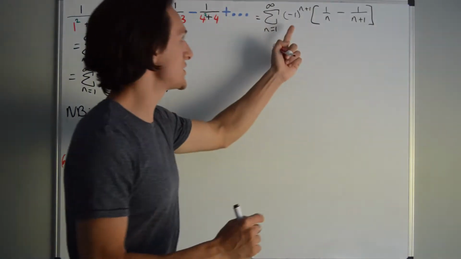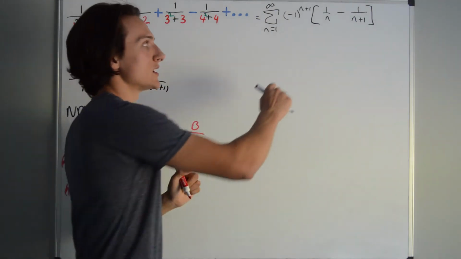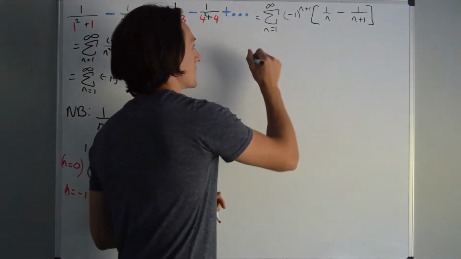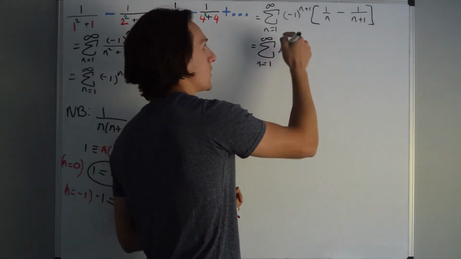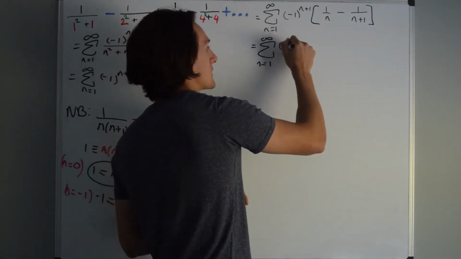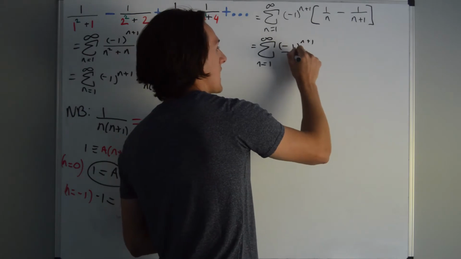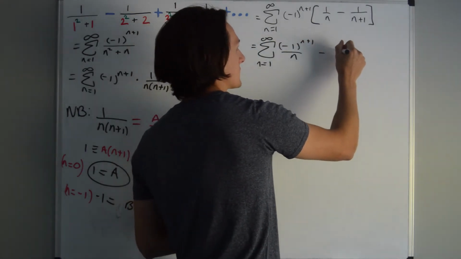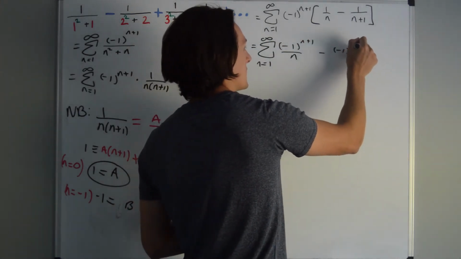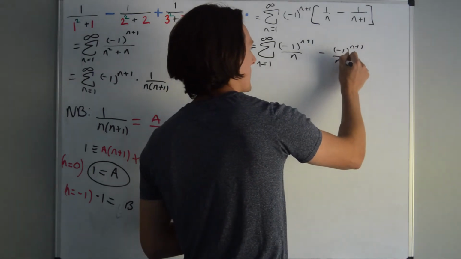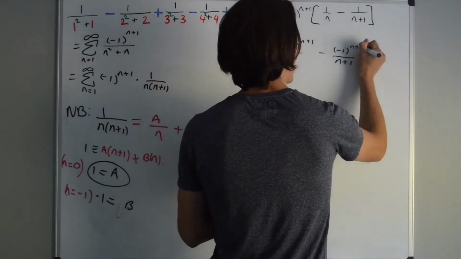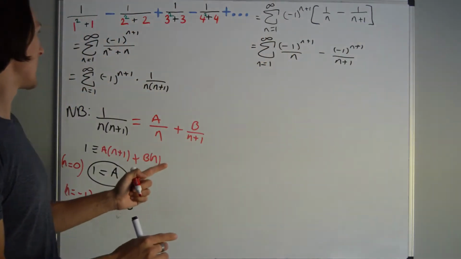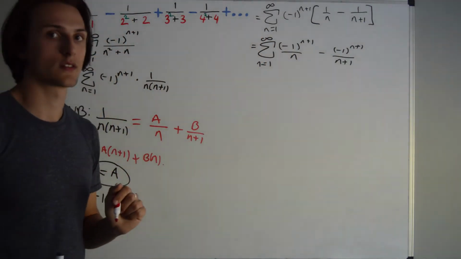Now I'm going to distribute this minus 1 to the n plus 1 to these two terms. So I have the infinite sum, n equals 1, of minus 1 to the n plus 1 over n, minus minus 1 to the n plus 1 over n plus 1. Right, and that's looking pretty good, much better than what we had to start with.